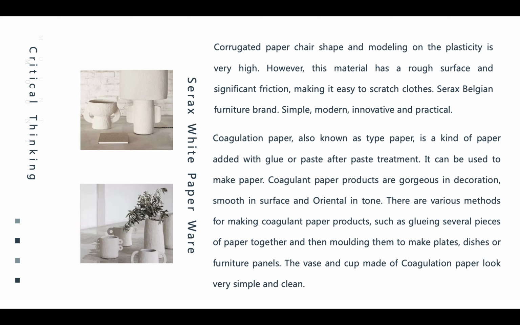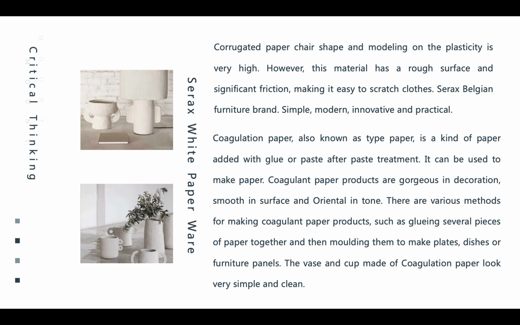The second one is a coagulated paper vase. Coagulation paper is a kind of paper treated with glue after pulping. Coagulated paper products are generous in decoration, smooth in surface, and oriental in tone.